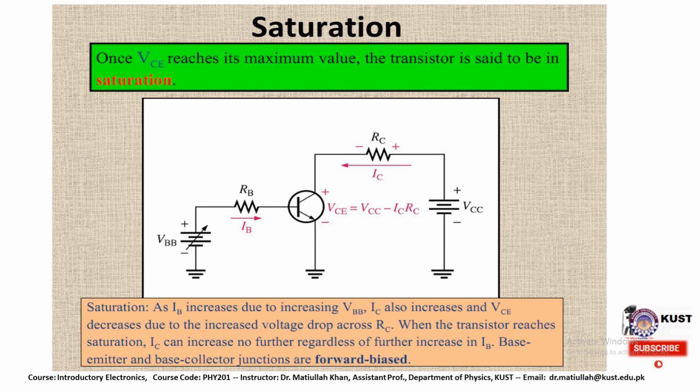In this case, the base-emitter and base-collector junctions are forward biased. This mode, when no increase in IC is found with increasing IB, is called the saturation mode of the BJT. The basic requirement for this mode is that the base-emitter and base-collector junctions should be forward biased.